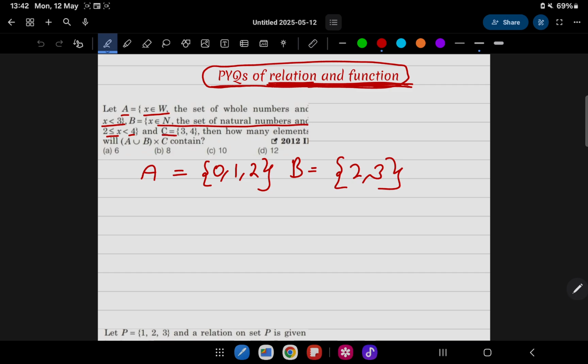And C is also given in roster form, so we can write as it is. C is equals to 3, 4.